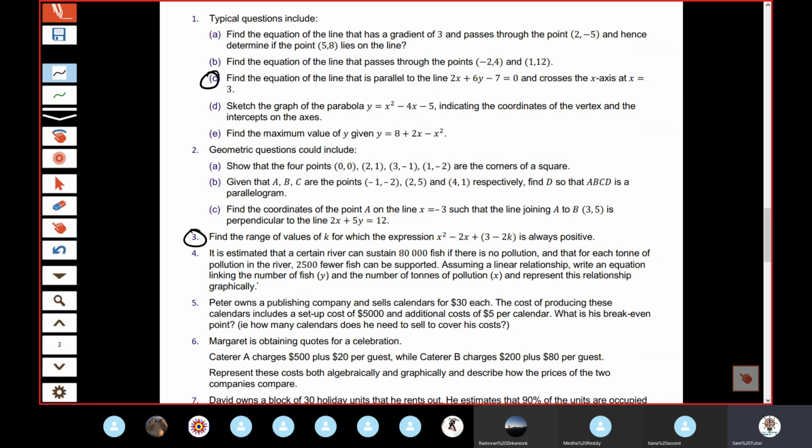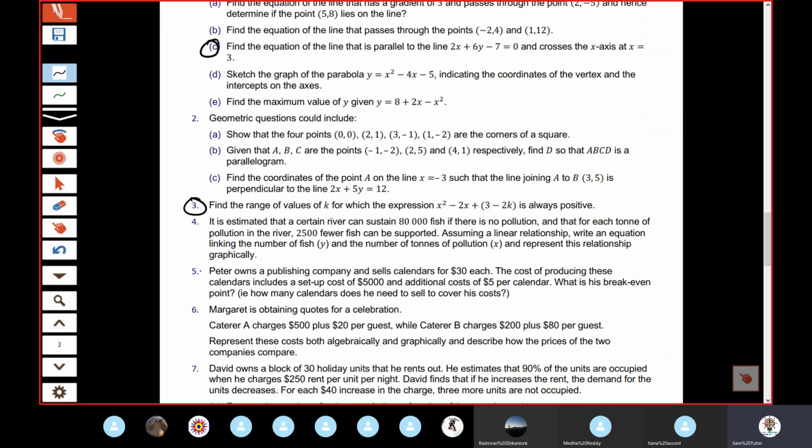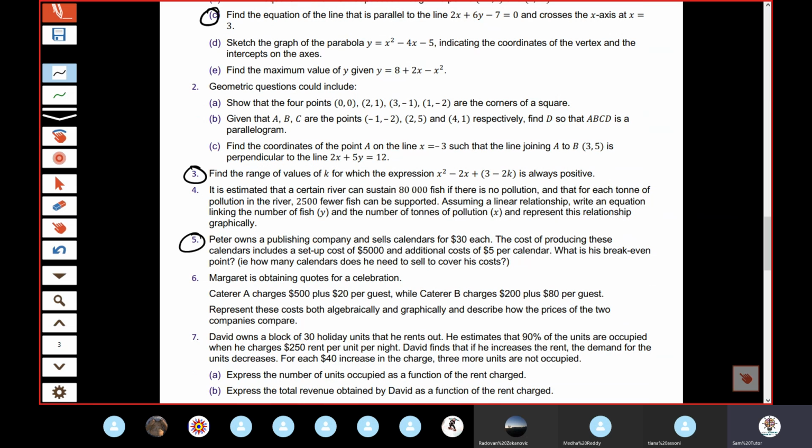I don't think you guys are going to get it right. I guess we'll do one of these ones. 5. All right, start with C. Find the equation of a line that is parallel to this and crosses the x-axis at x equals 3. I'll leave that with you guys. Think about it. It's not that hard.